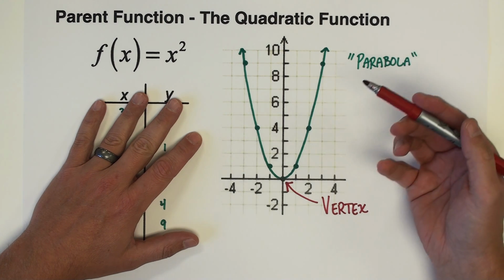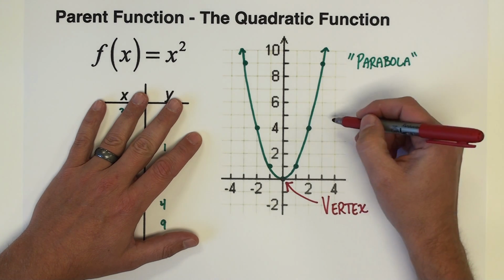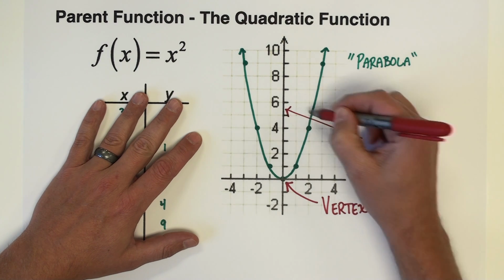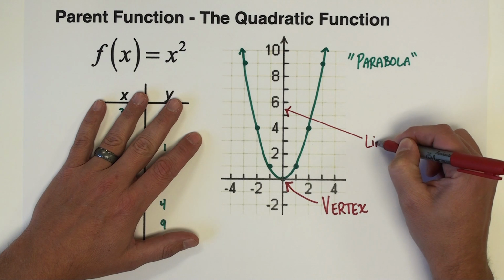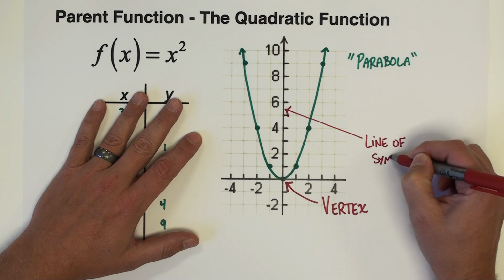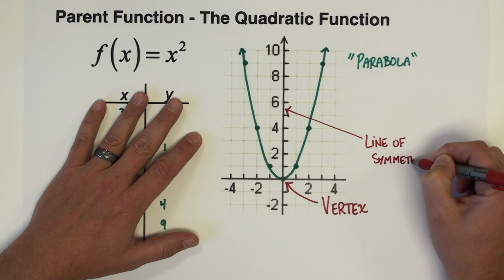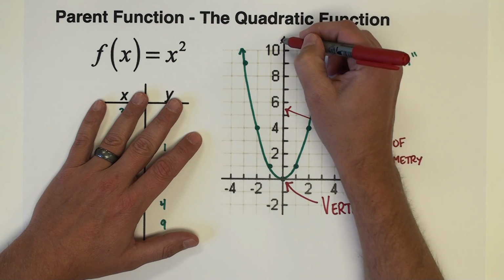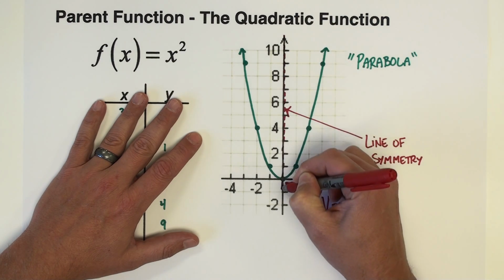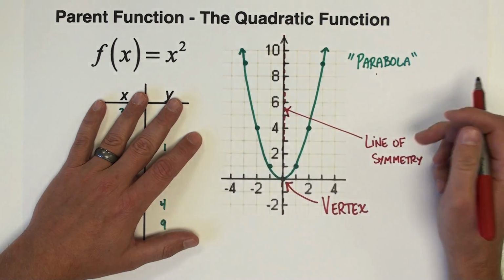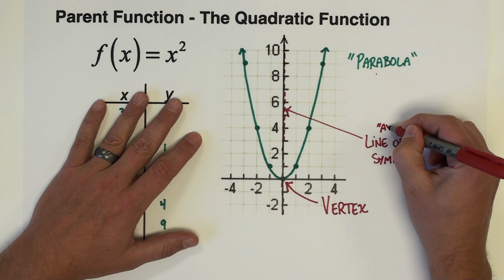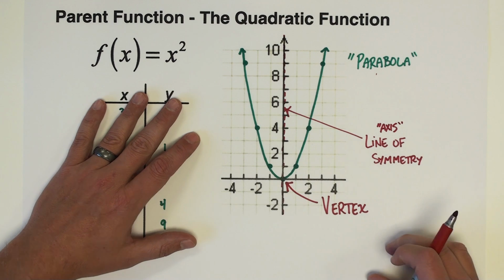And then in this particular graph, the y-axis we call the line of symmetry. If you could imagine an imaginary line here that cuts the graph in half, we call that our line, or sometimes you see the word axis of symmetry.